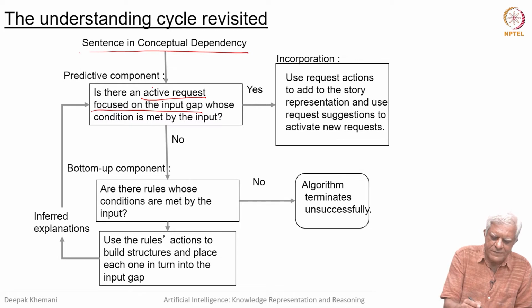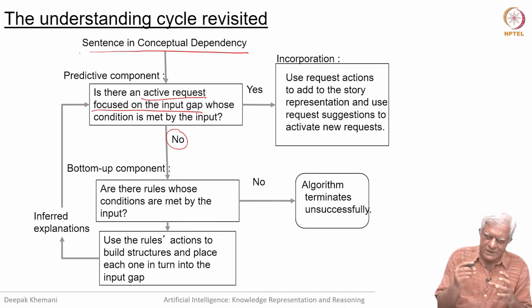If the predictive component does not work, that means it says no, then you go into the bottom up component. Are there rules whose conditions are met by the input essentially? So, if you have seen an input, can you now make an inference using that input?